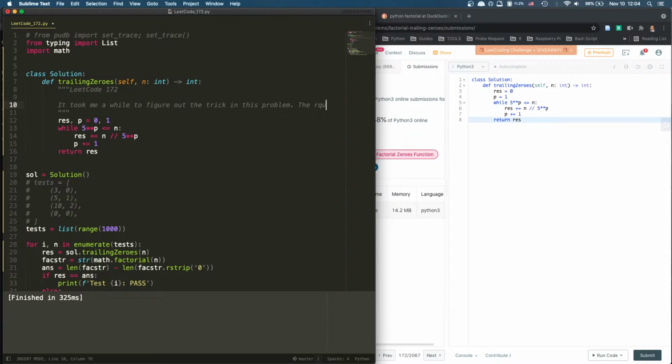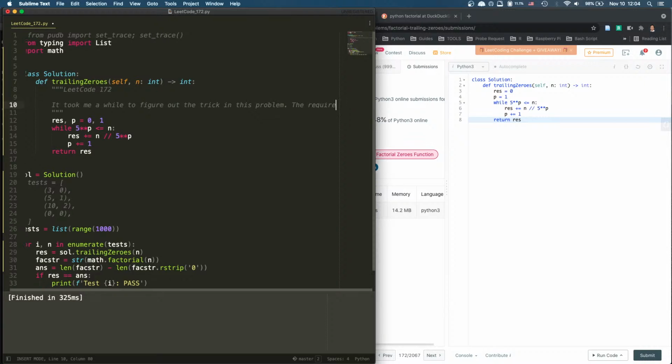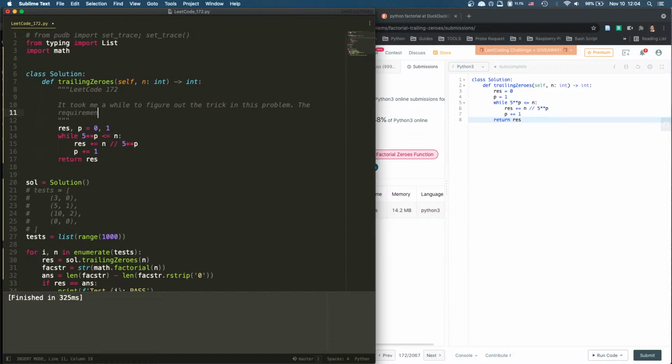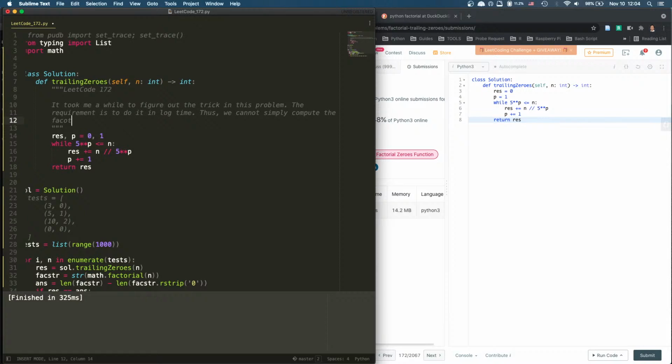Well, the requirement, right? The requirement is to do it in log time. Thus, we cannot simply compute the factorial for each n. Now I was thinking about divide and conquer, right?